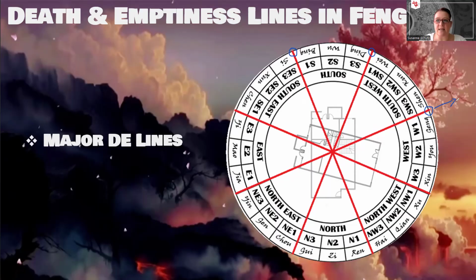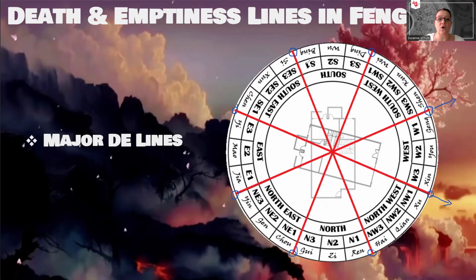Yeah, and it's this precise line. And so it's difficult to determine then, well, is this a West 1 facing building or a Southwest 3 facing building, right? So it makes it very, very difficult. But it has to be precisely on these lines here, or on these degree ranges. So there's only 8 of those because we have 8 major directions.